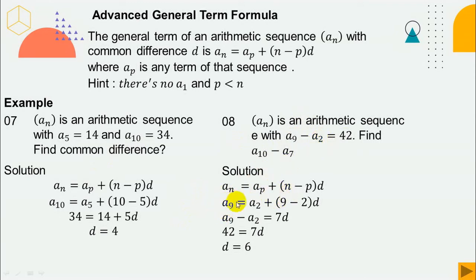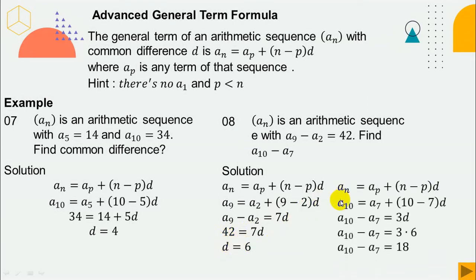When we substitute n and p, we get the 9th term equals the second term plus 9 minus 2 times d, so the 9th term minus the second term equals 7d. The 9th term minus the second term is 42, so 42 equals 7d. And then we simplify, d is 6.